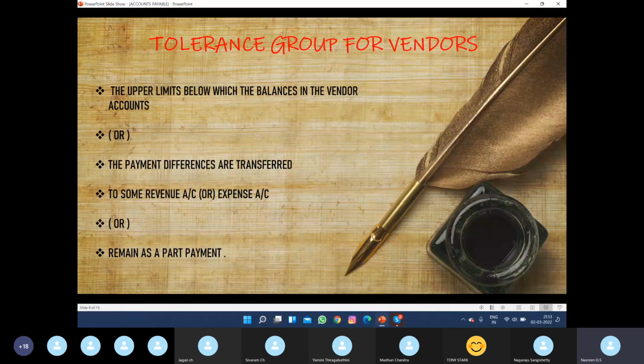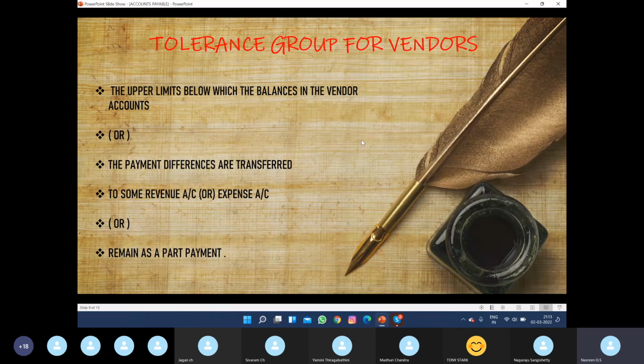So what is the role of tolerance group? Here, tolerance group is the upper limit. For example, the tolerance group we have given an amount of 500 itself. So below 500, all the amounts that we receive are either transferred to revenue or expense, means in form of discounts, or they remain as part payments if they are more than that limit, which means if the amount is below 500, it is transferred as discount.